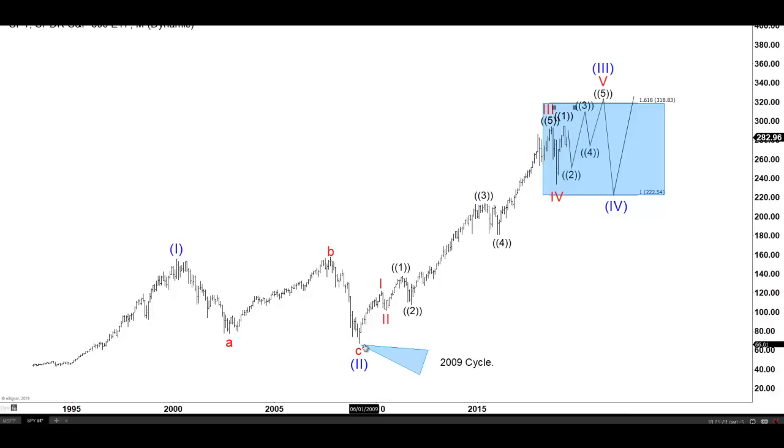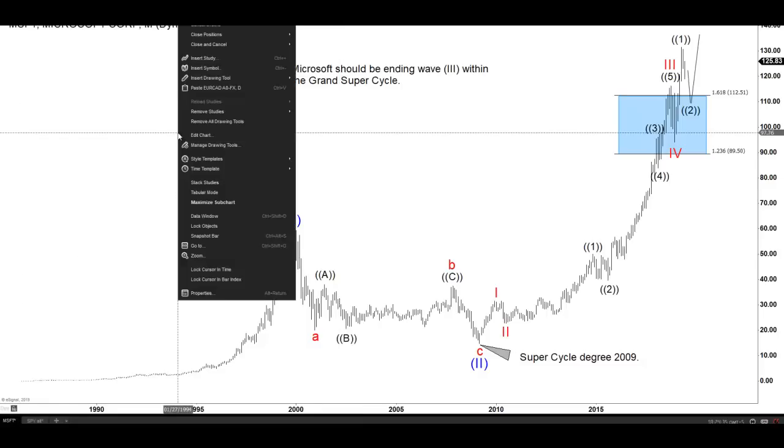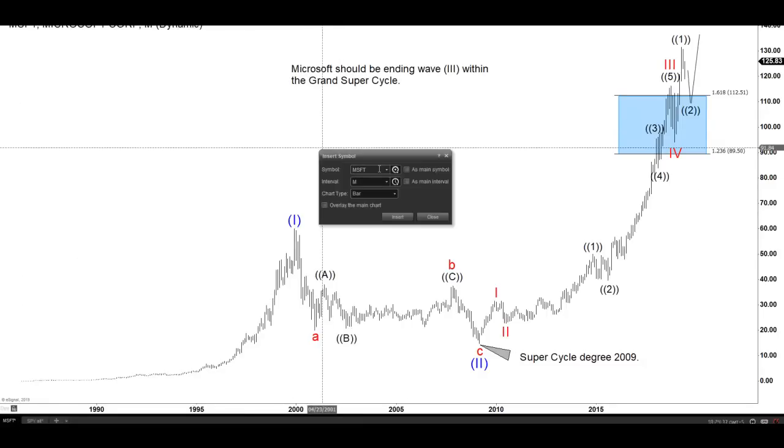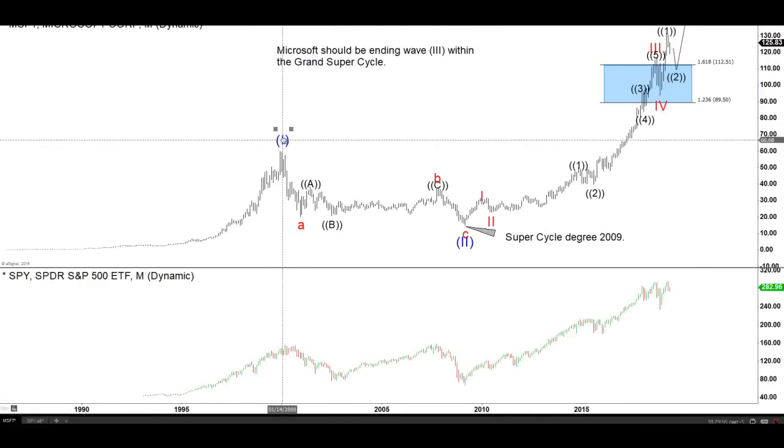If you compare SPY to Microsoft here, they look identical. If I overlaid one on top of the other, you guys would be able to see that it is obviously the same oscillation on the same charts.